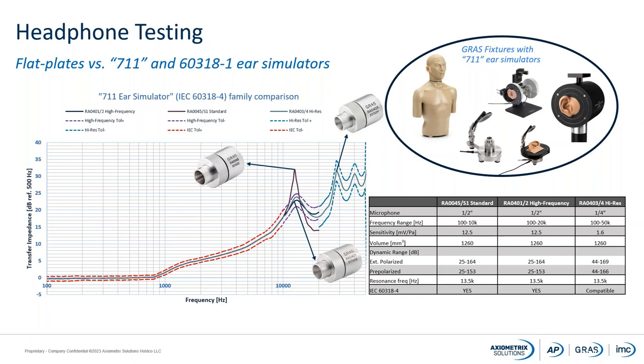The high-res ear simulator has, as the other 2 types of ear simulator, the same response up to 10 kilohertz. The high-res has also the same response from 10 to 20 kilohertz as the high frequency one, and then we actually have a very well-defined response from 20 kilohertz up to 50 kilohertz.